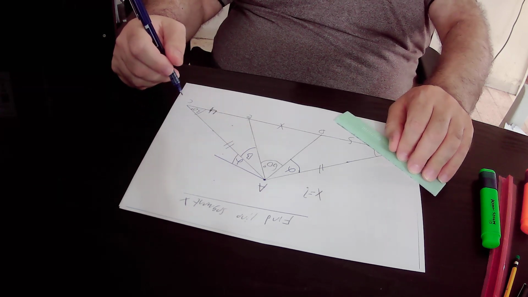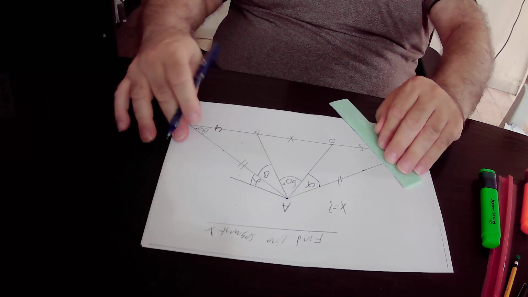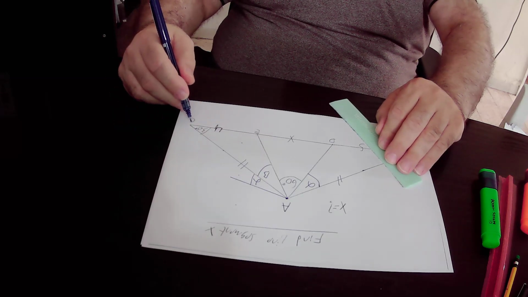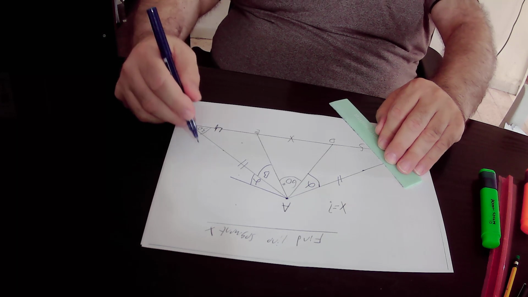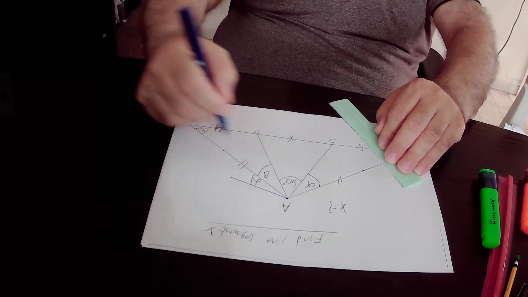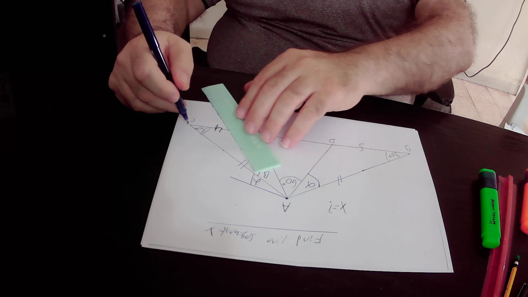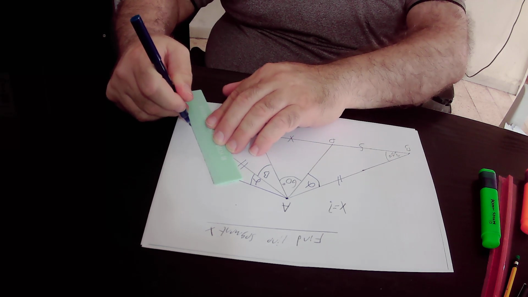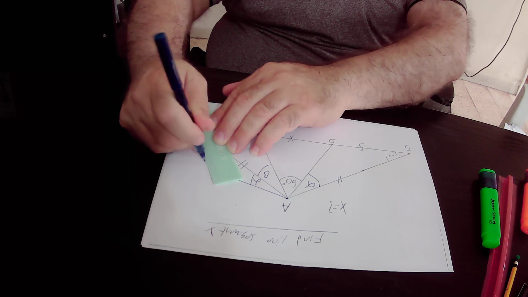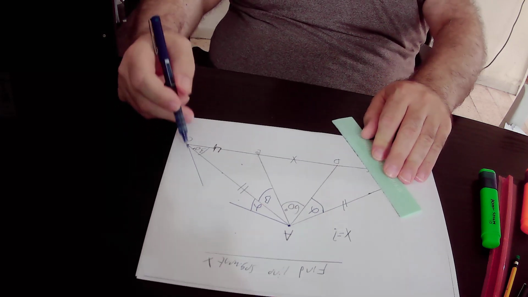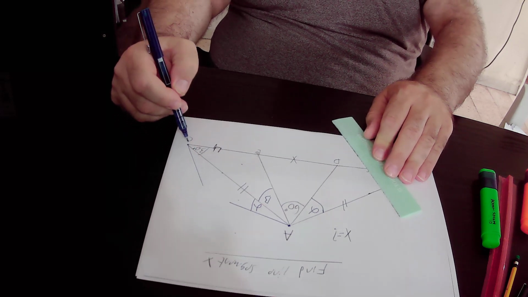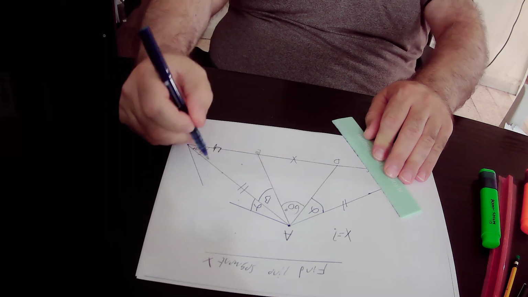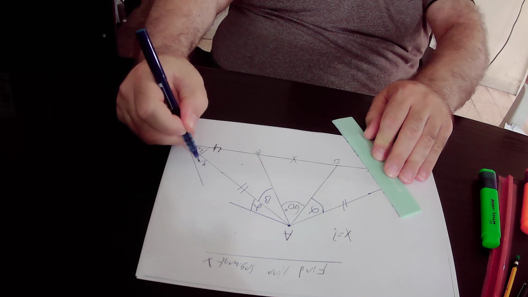And we will do another construction from point C. We will draw a straight line in such a way that the angle between the straight line and side AC will be equal to 30 degrees. So this angle equals 30 degrees.